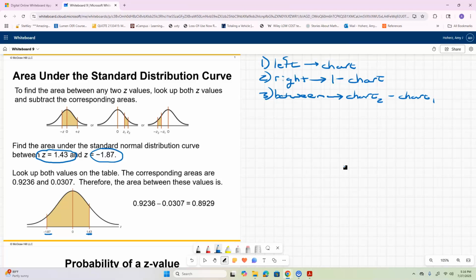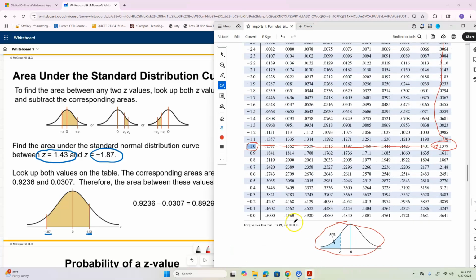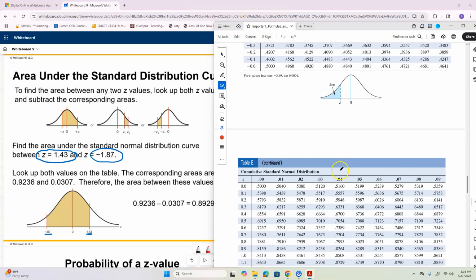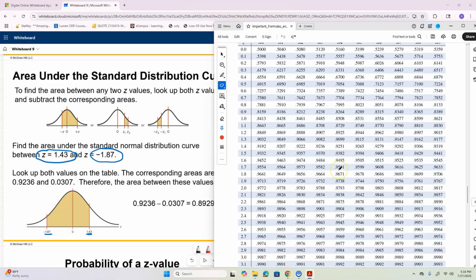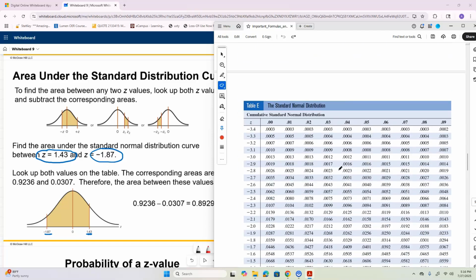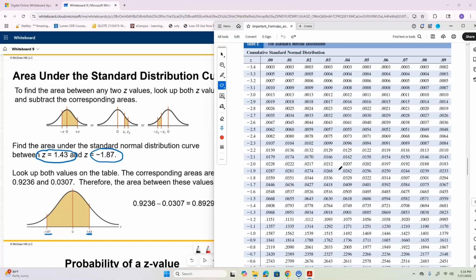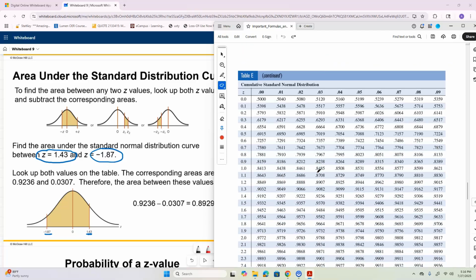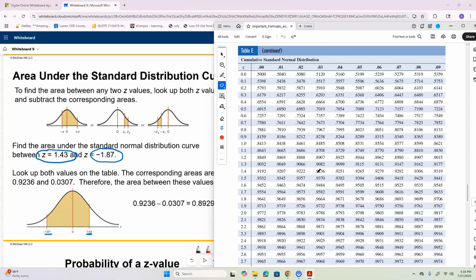Okay, so let's go to our chart. See if I can clear this. How do I clear this? Probably another way to do it, but I'll just do it this way. Okay, so if we go to the chart and look up the larger value, it doesn't really matter which one you look up first, but I'll look up the bigger one first because it'll help me explain it better.